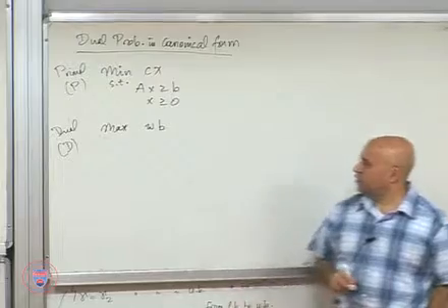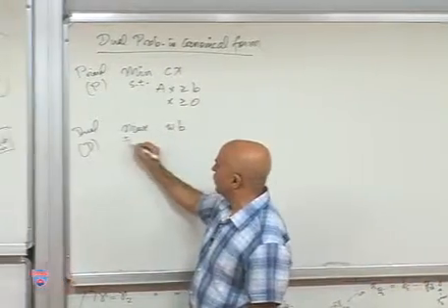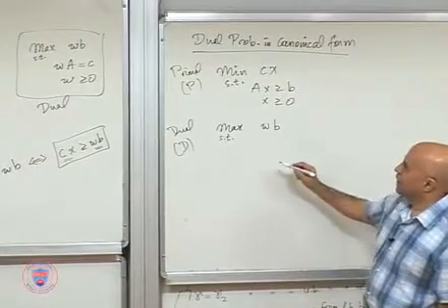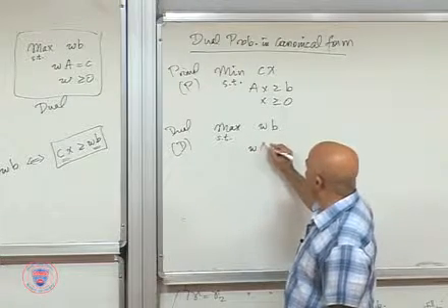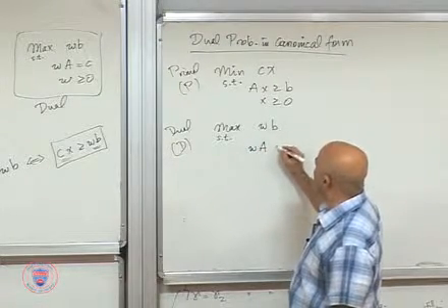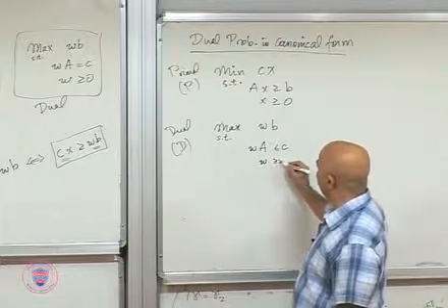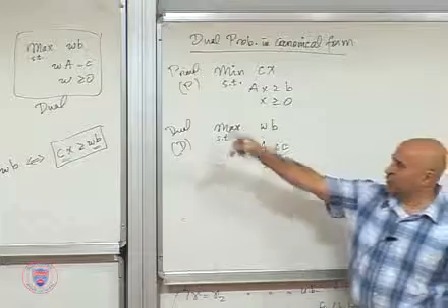It's the row vector W times the column vector B, so the objective function is precisely the same, subject to W times A less than or equal to C with W non-negative. That's what you get. You would be able to get this from the foregoing idea.